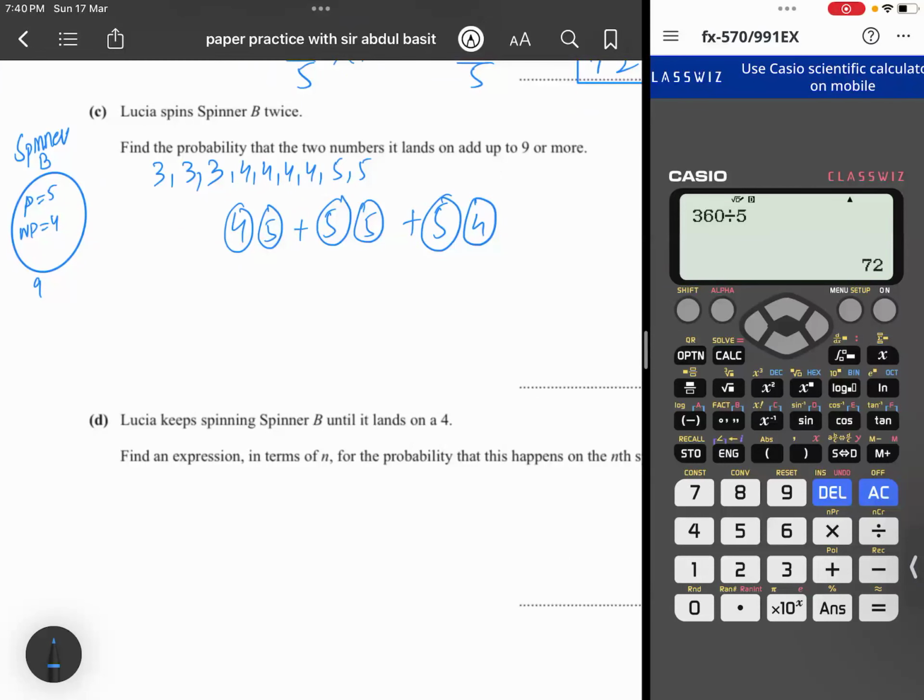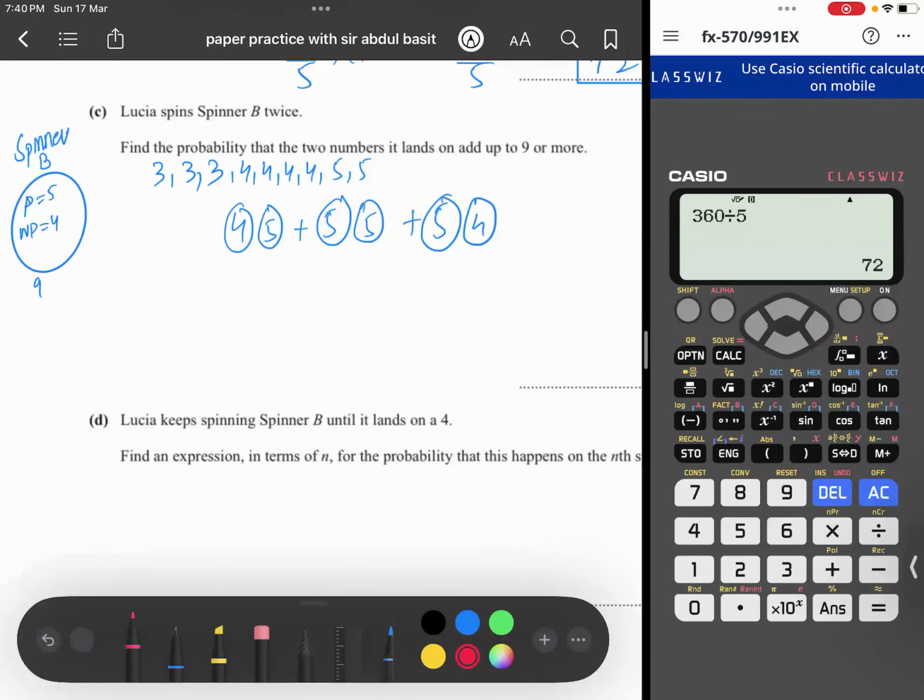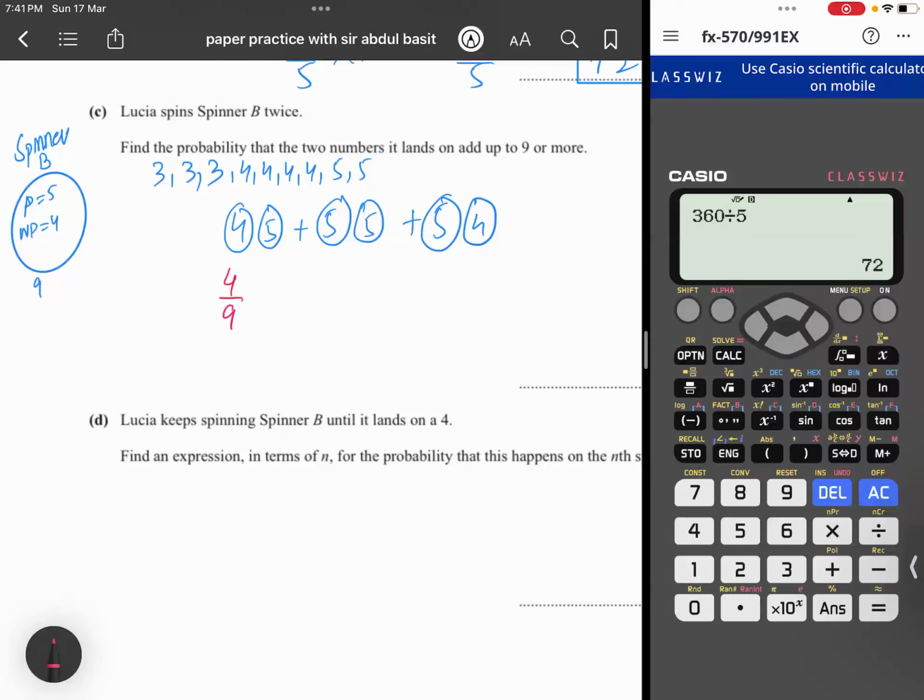So let's pick 4 now. For example, I'm Lucia and I'm spinning. I got 4. So the probability of 4 would be 4 out of 9 because there are four fours.